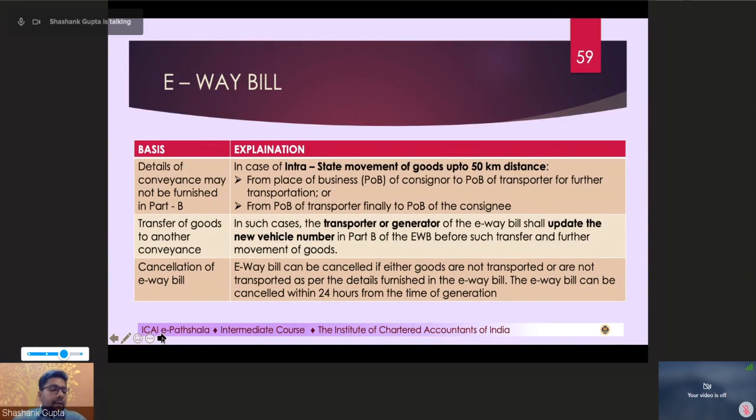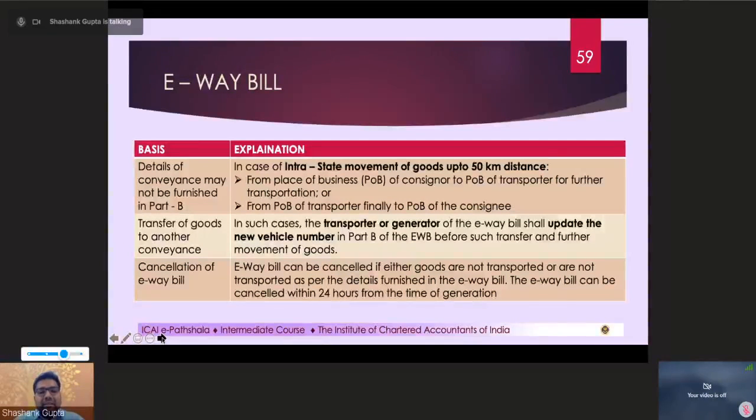So basically, in good planned cities, there is generally a transport nagar, and that transport nagar is the place where all the trucks are parked and no trucks are allowed in the interior city.